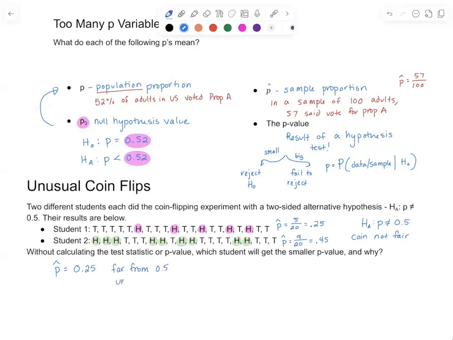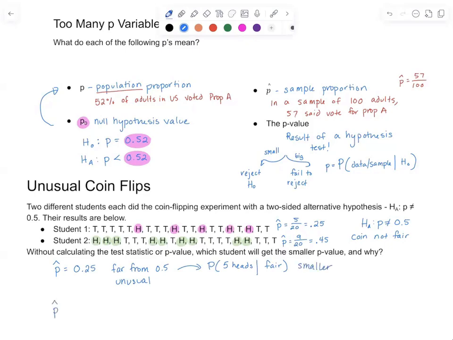This is kind of unusual. And unusual tells me that the probability of getting 5 heads, if I assume that the coin is fair, is, I mean, it's not a big number, but it's smaller, right? This is going to be a smaller value.